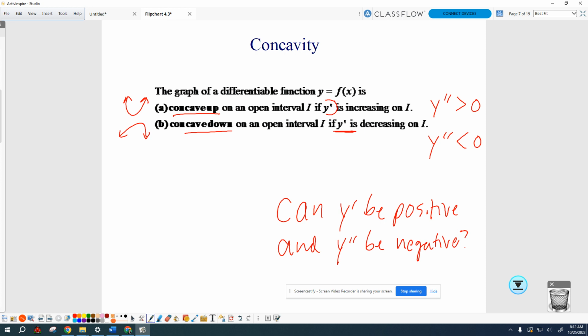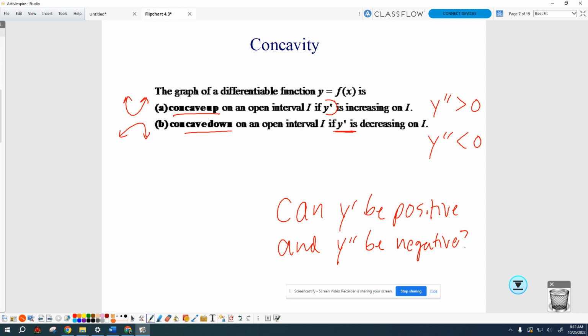Jasper, can y prime be positive and y double prime be negative? I have positive velocity but negative acceleration. Okay. So it's moving forward but less fast. Okay.